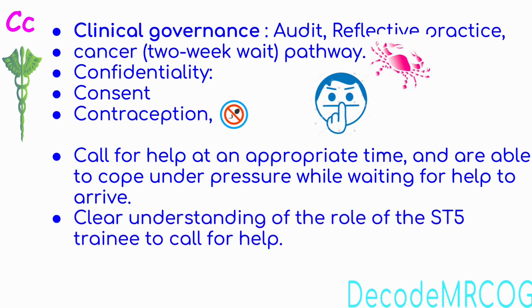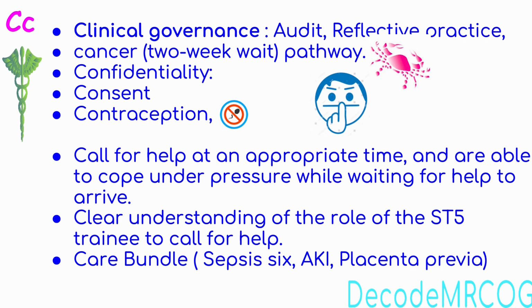Clear understanding of the role of the ST5 trainee to call for help, and involvement of seniors whenever necessary. Care bundle: sepsis 6, acute kidney injury, placenta previa care bundle plan.